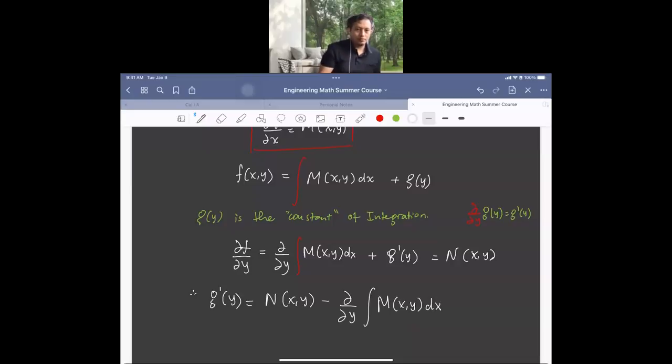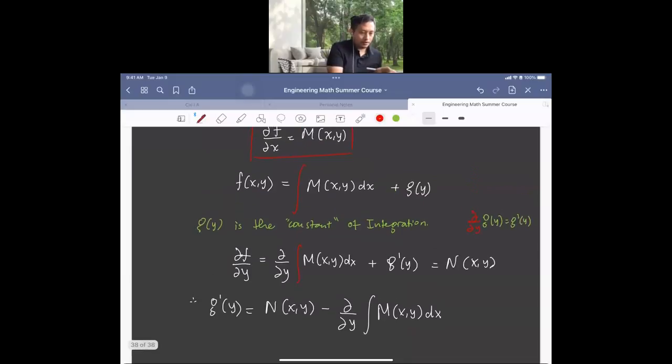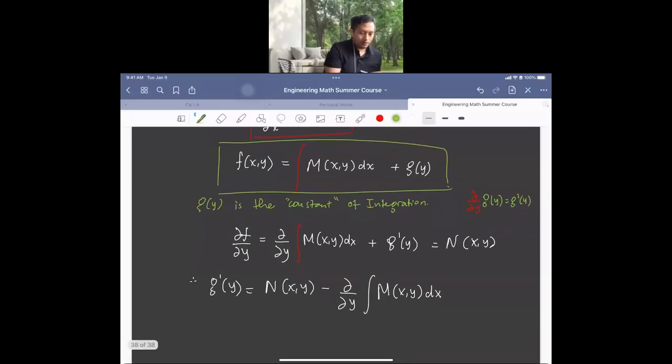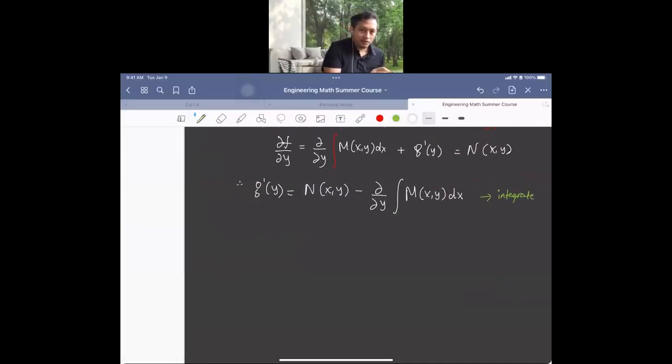So finally, we can integrate these expressions and substitute the results. So we have the results here. We integrate this part, and we integrate and substitute.